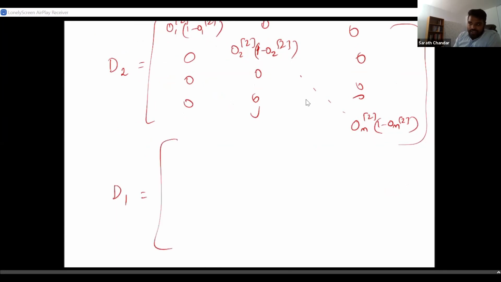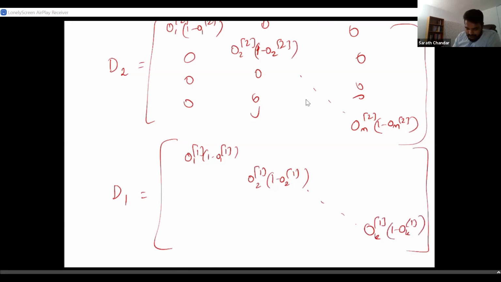So that is given as O1 into 1 minus O1, O1 into 1 minus O1, until OK into 1 minus OK. I will definitely change this O notation next time. So this is all 0.